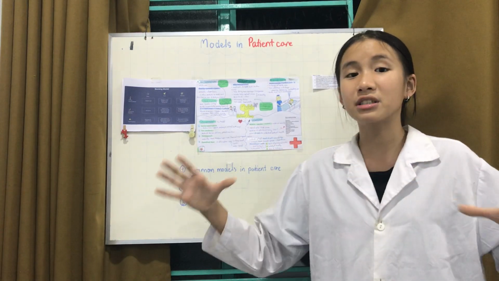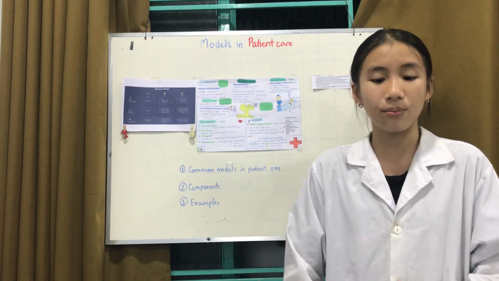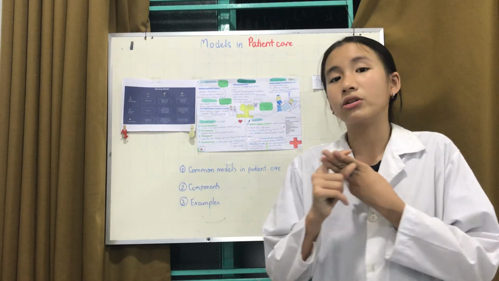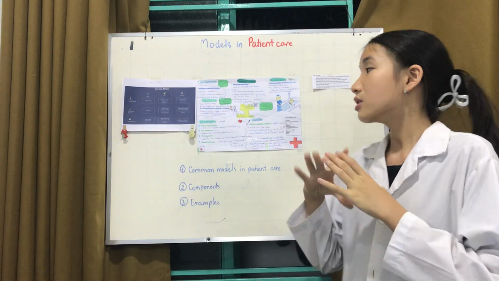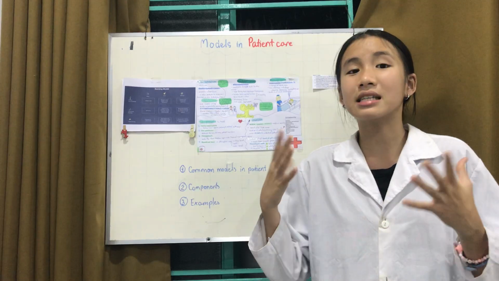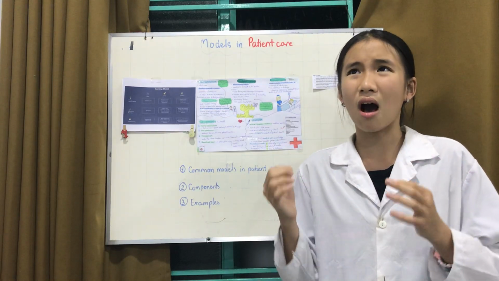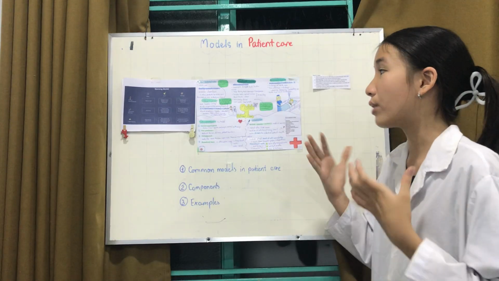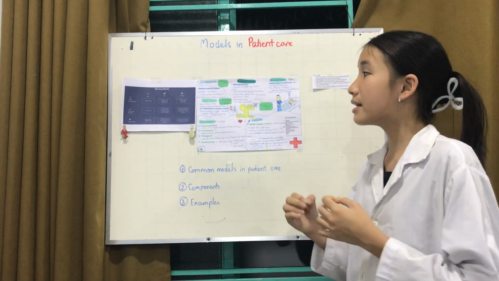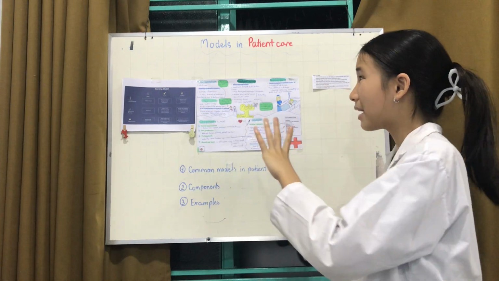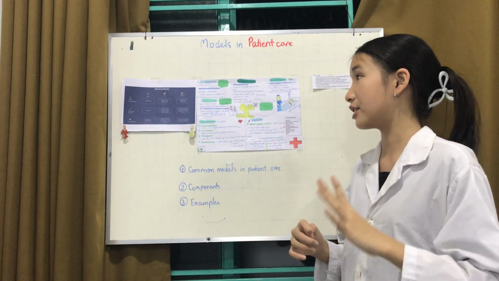This will be a diverse team, so there will be RNs, LPNs, assistant nurses, and also technicians. So there are diverse members. The team leader is most commonly an experienced RN, or registered nurse. So that is for team nursing, and that is for the four main common models in patient care.